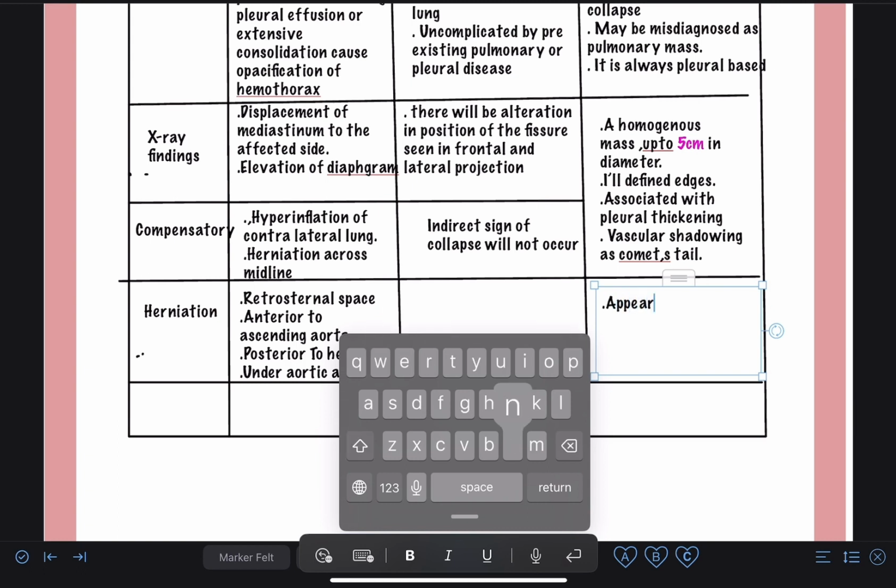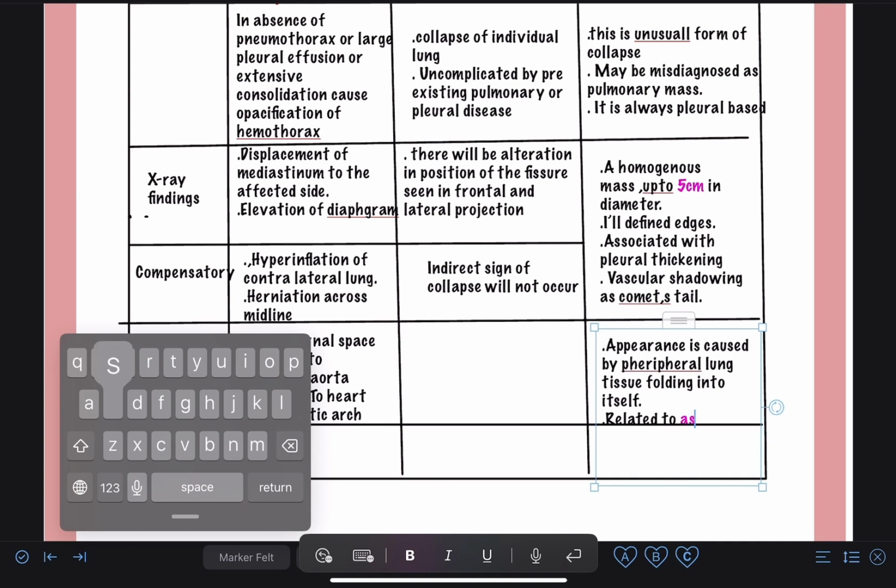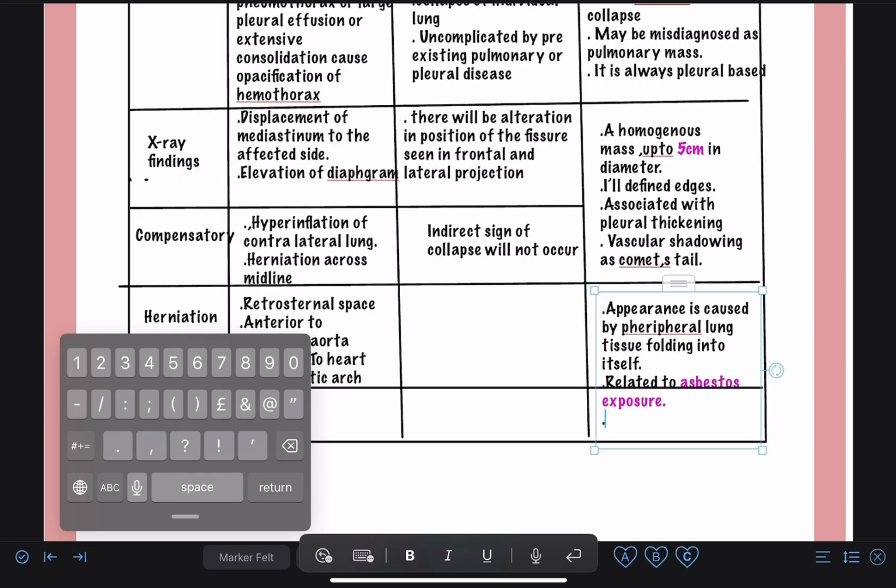The appearance is caused by peripheral lung tissue folding into itself. It is related to asbestos exposure and secondary to exudative pleural effusion.